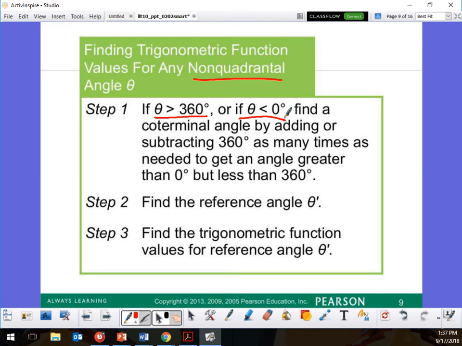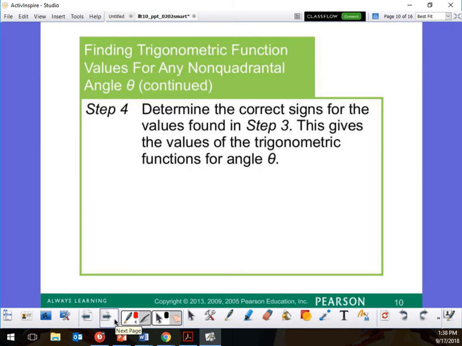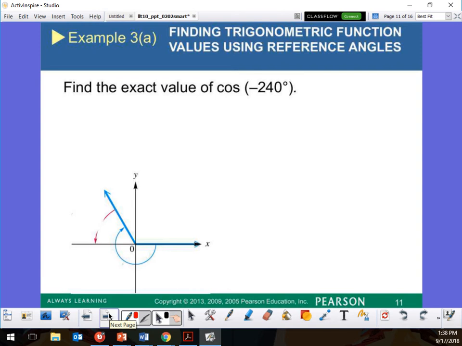If it's more than 360, I start subtracting 360. If it's less than 0, so if I have negative numbers, I add 360.